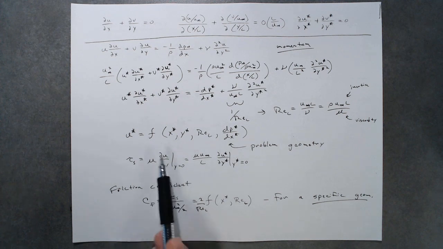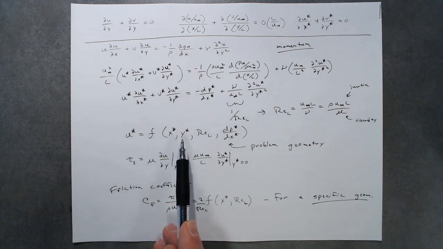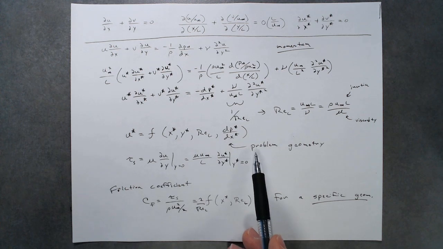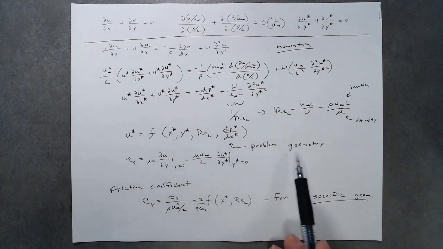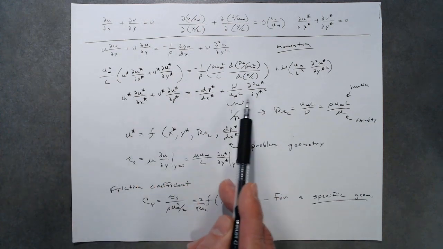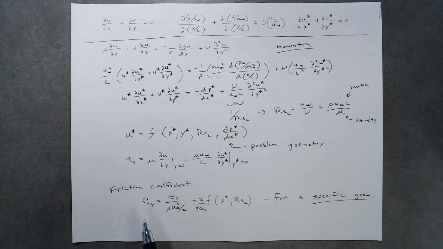And since we know u star is a function only of x star, y star, non-dimensional position, and Reynolds number, and this pressure gradient, which we can convince ourselves stays the same for defined problem geometry and set or type of boundary conditions, then for a specific geometry, in other words, let's say this is a sphere, then a sphere of any size, and as long as my assumption of a laminar boundary layer applied, then I can express the friction coefficient only as a function of the non-dimensional position where I am and the Reynolds number.